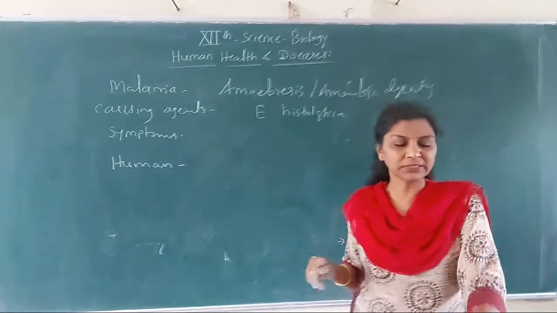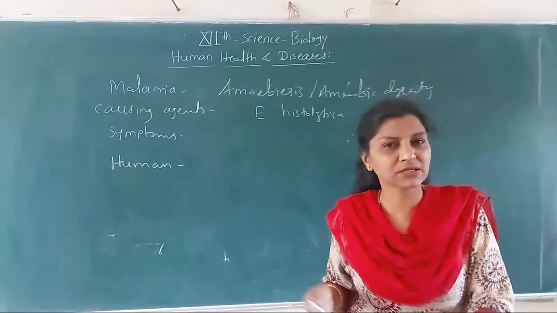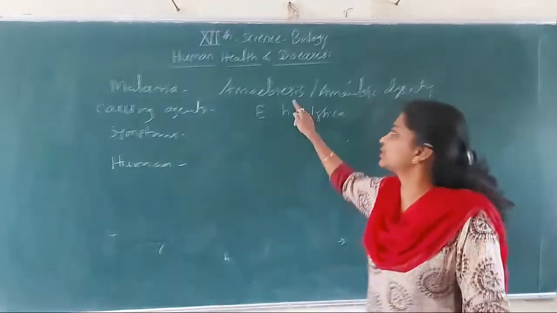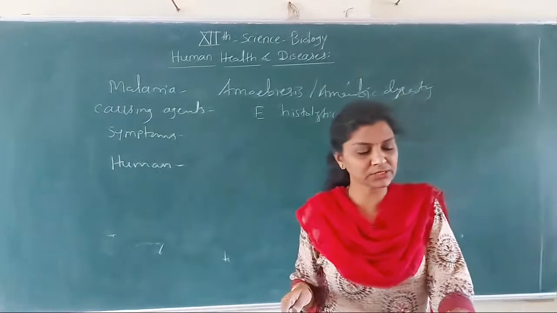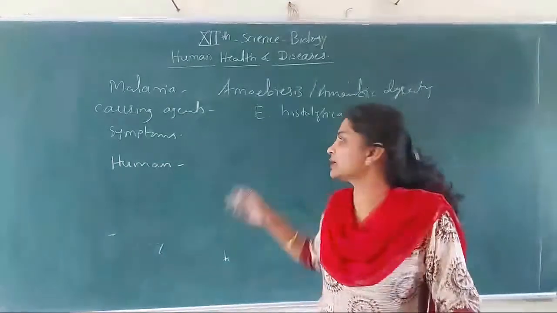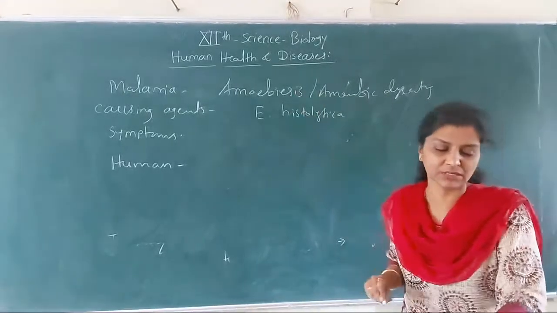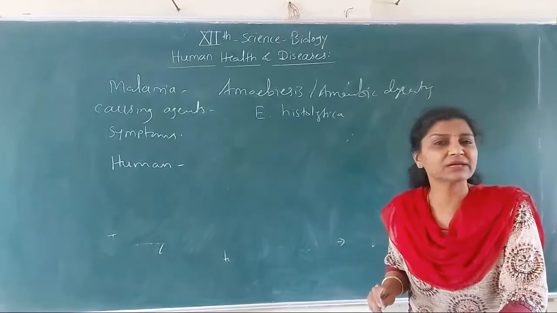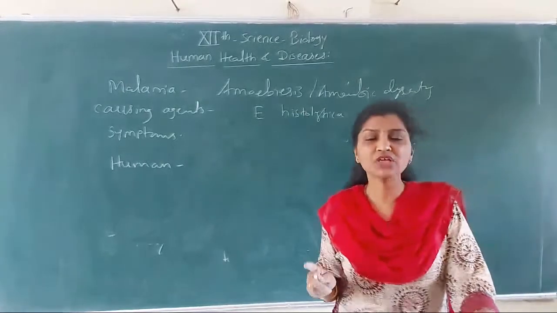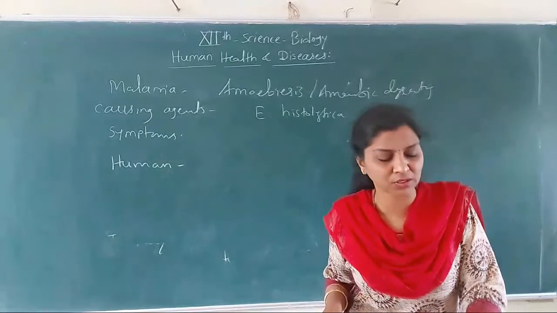Then what is the treatment? The treatment is metronidazole. These are the drugs which are recommended for amoebiasis. Metronidazole, then tinidazole. These 2 drugs are recommended for amoebiasis. Then what is the prevention and control? Wash hands with hot water and soap after using toilet.